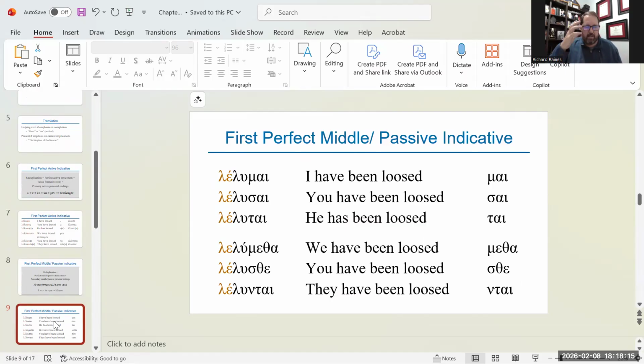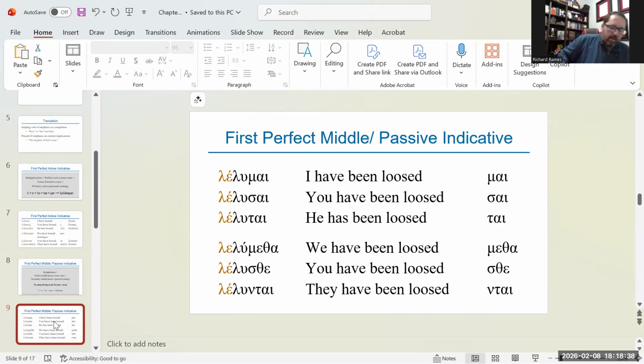The challenge is in some of those details when it begins with a phi or a theta or a chi, or if it begins with a diphthong or a vowel. That's where the hard work comes into the perfect tense.